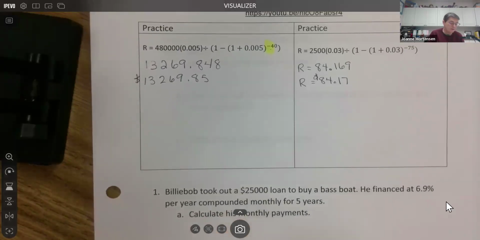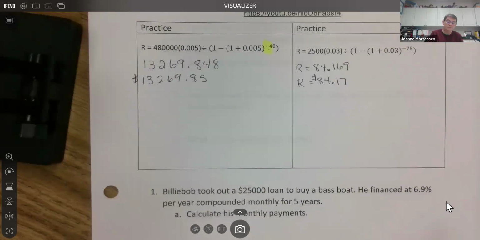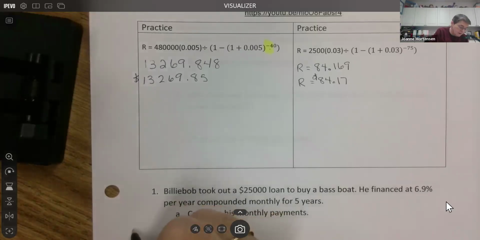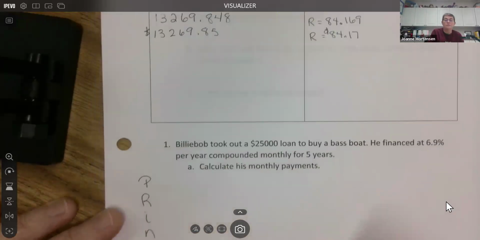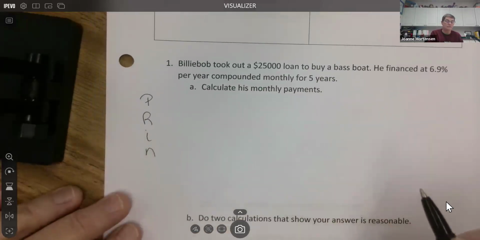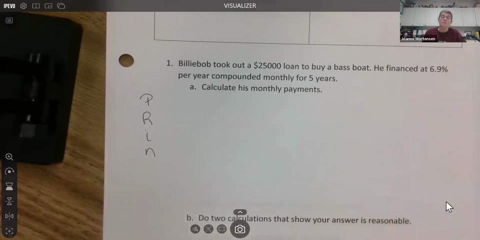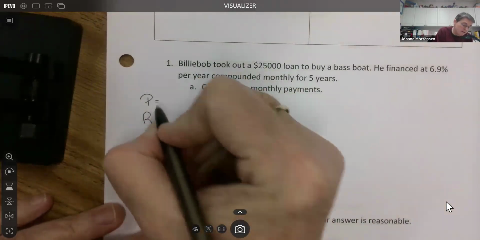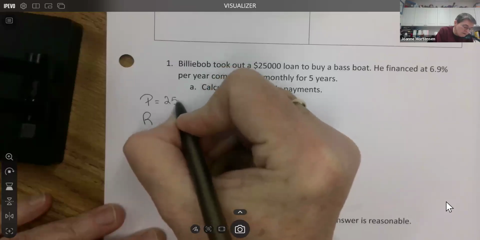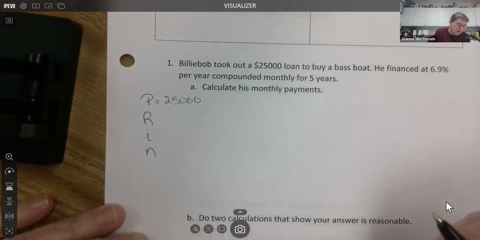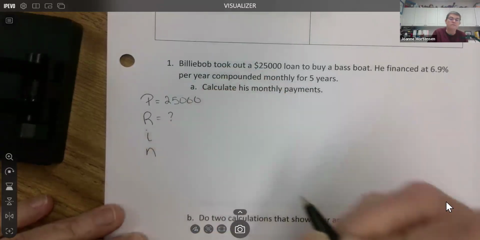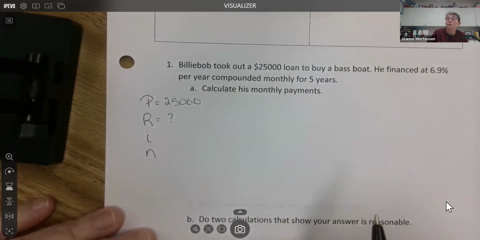Okay. So in this formula, I have a P, an R, an I, and an N. This one has a P in it. So the P is the amount of the loan, how much you're paying in total. That's 25,000 for Billy Bob's bass boat. And he doesn't know the regular payments. He's going to figure that out because, you know, he wants to know before he goes to the bank.